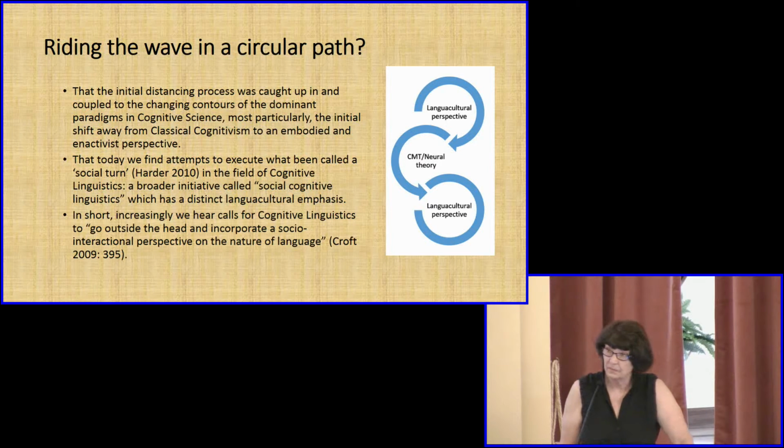That today we find attempts to execute what has been called a social turn in the field of cognitive linguistics, a broader initiative called social cognitive linguistics, which has a distinct linguocultural emphasis. In short, increasingly we hear calls for cognitive linguistics to go outside the head and incorporate a social interactional perspective on the nature of language.